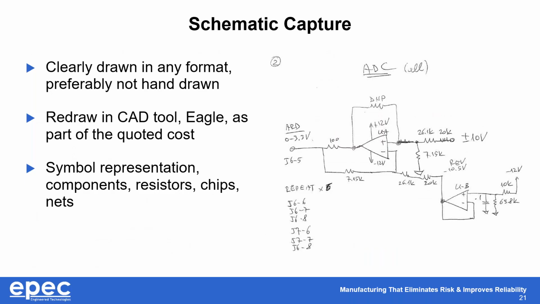A schematic capture is when we take what is provided from you to us in a clearly drawn format and we redraw it with a CAD tool. Most often we use Eagle, and this is part of your quote that we supply to you. We'll pull in your symbol representation of your components, your chips, your resistors, and your nets.